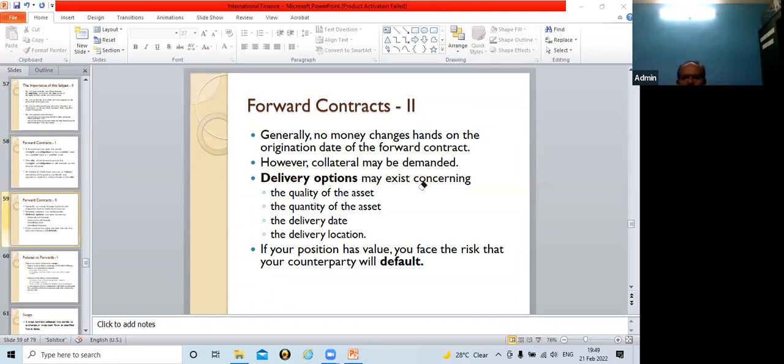Delivery options may exist concerning the quality of the asset, the quantity of the asset, the delivery date, and the delivery location. If your position has value, you face the risk that your counterparty will default.